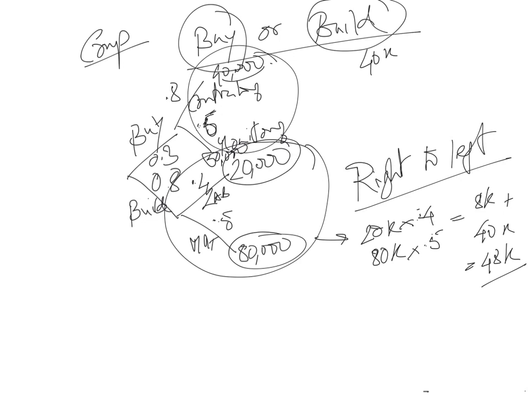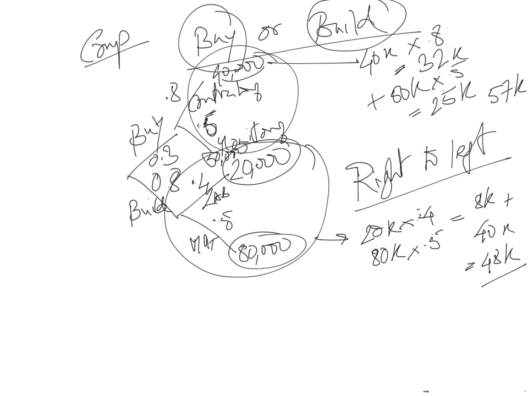And the cost on the buy side is going to be 40k times 0.8, which is 32k, plus 50k times 0.5, which is 25k. Now 32k and 25k together would be 57k.